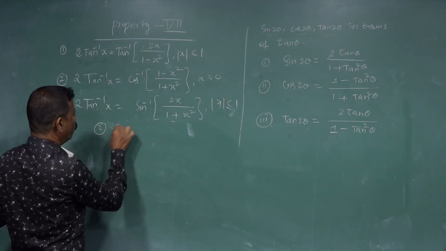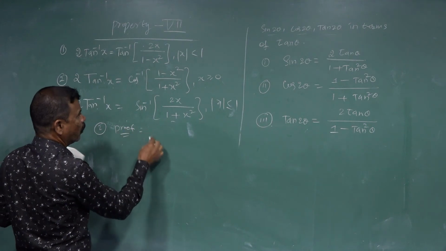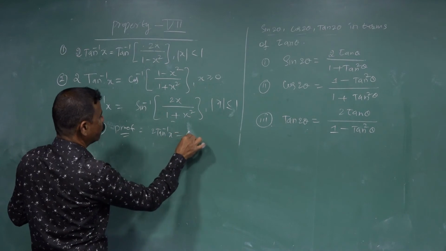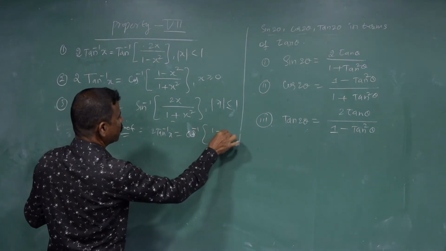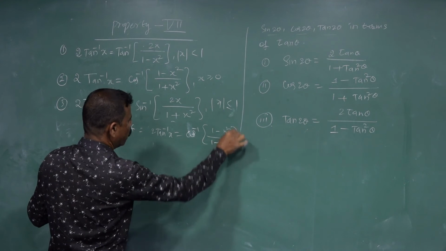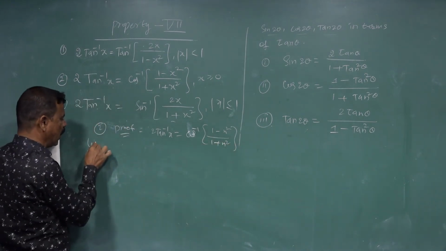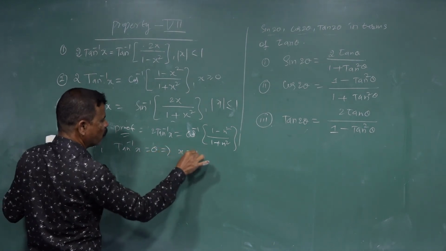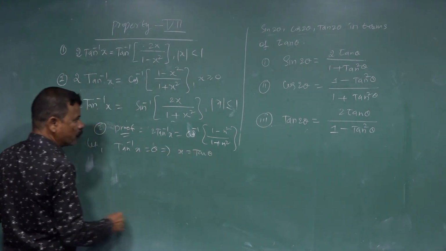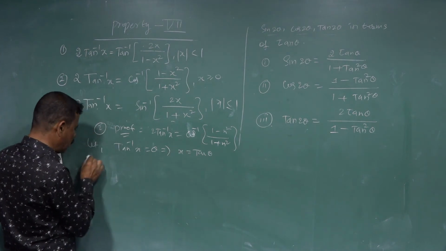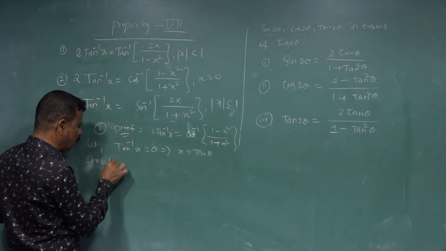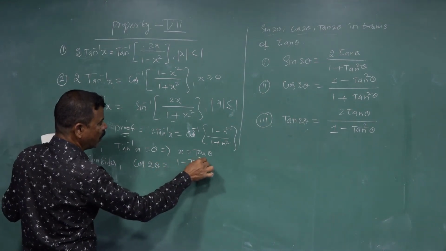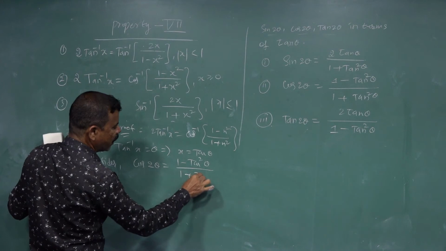Second proof: 2 tan inverse x in terms of cos inverse of 1 minus x square by 1 plus x square. Now we prove this. Similarly, let tan inverse x is equal to theta, then x is equal to tan theta. So here, on the right side, cos inverse. Consider cos 2 theta is equal to 1 minus tan square theta by 1 plus tan square theta.